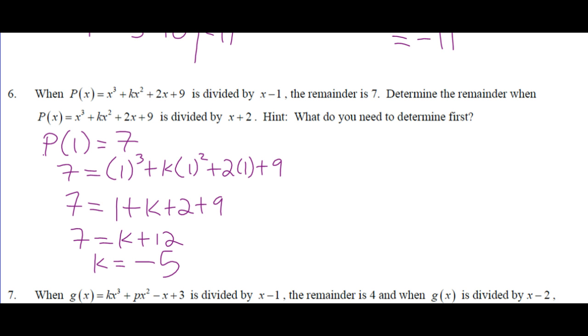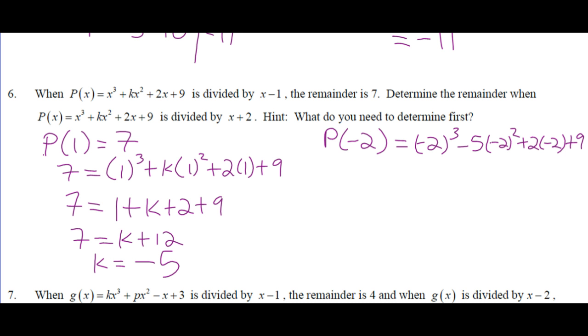Now we're supposed to determine the remainder when p of x is divided by x plus 2. How do we do that? We want to work out p of negative 2. What's that equal to? Negative 2 cubed minus 5, because we know k is negative 5, times negative 2 squared, plus 2 times negative 2 plus 9.